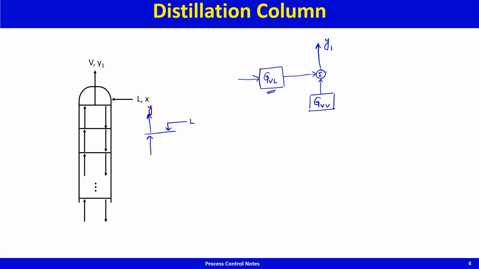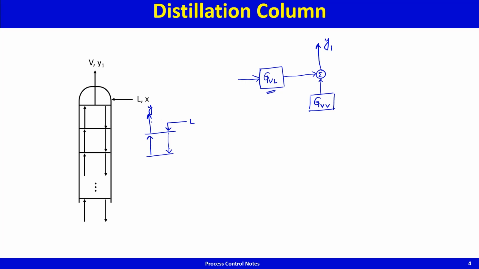Now the vapor coming from below, you see, there is a secondary effect. That secondary effect is as follows. If liquid changes, vapor mole fraction changes, and so does the liquid mole fraction on the tray, and therefore this changes, and because this changes, this causes an additional change in this, which causes an additional change in this.